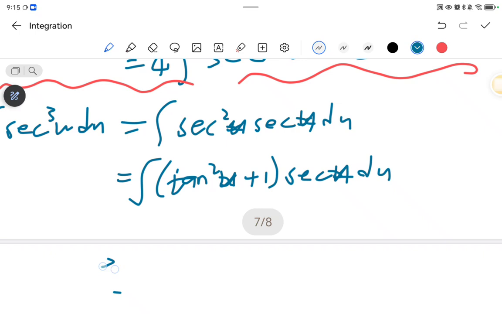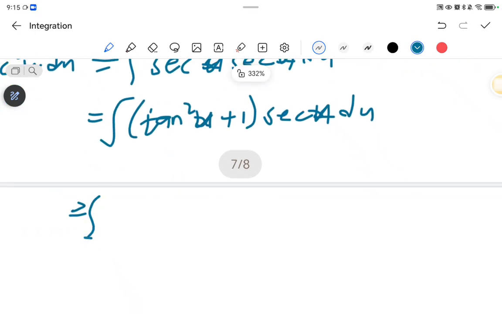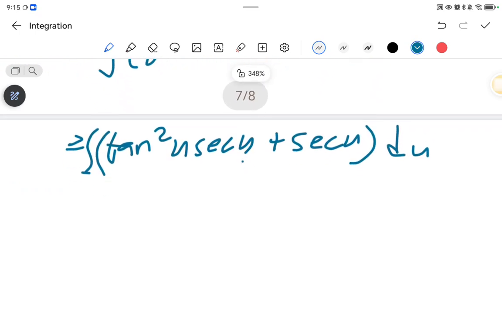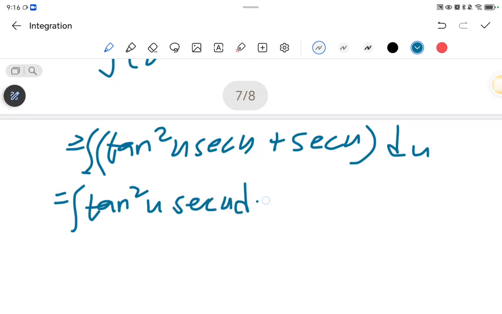And this will be equal to the integral of tan^2 u sec u plus sec u du. And then this will be equal to the integral of tan^2 u sec u du plus the integral of sec u du, which is fine.